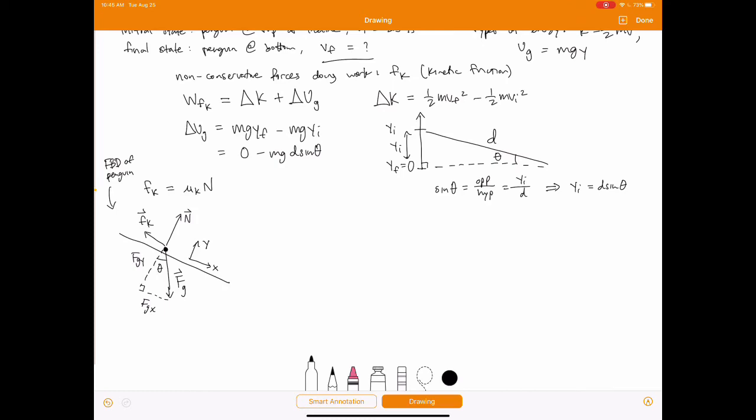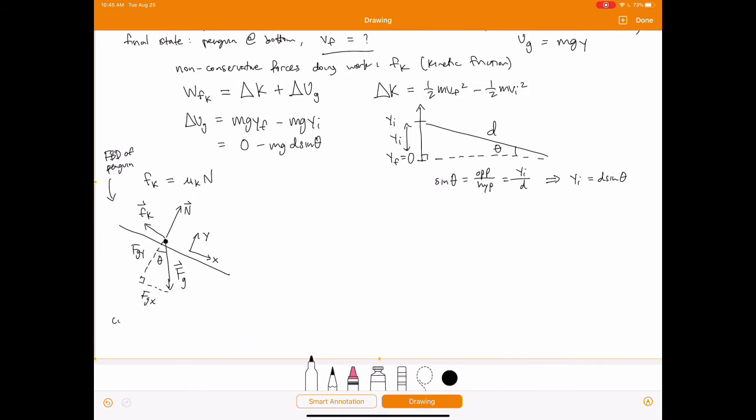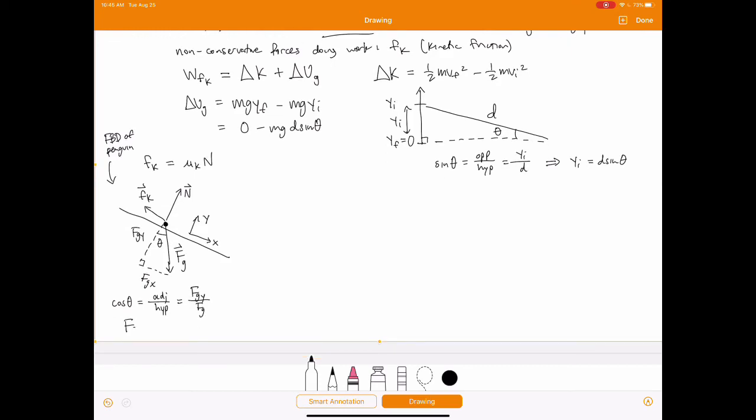Okay, so in this right triangle that I drew, let's think about cosine theta. Cosine of theta is defined as the adjacent side over the hypotenuse. So FGY divided by FG. So therefore FGY, because we're going to need to know this later, is equal to the force of gravity times cosine of theta, or just mg, because that's the force of gravity, times cosine of theta.